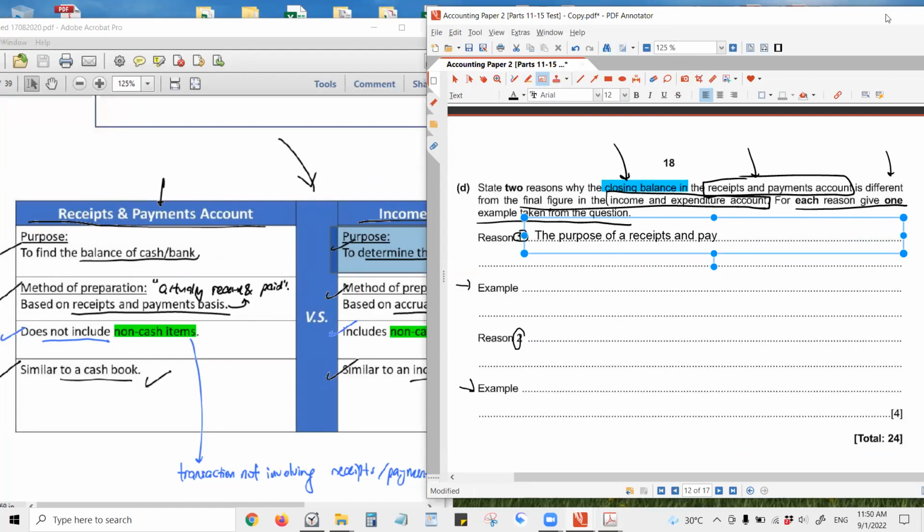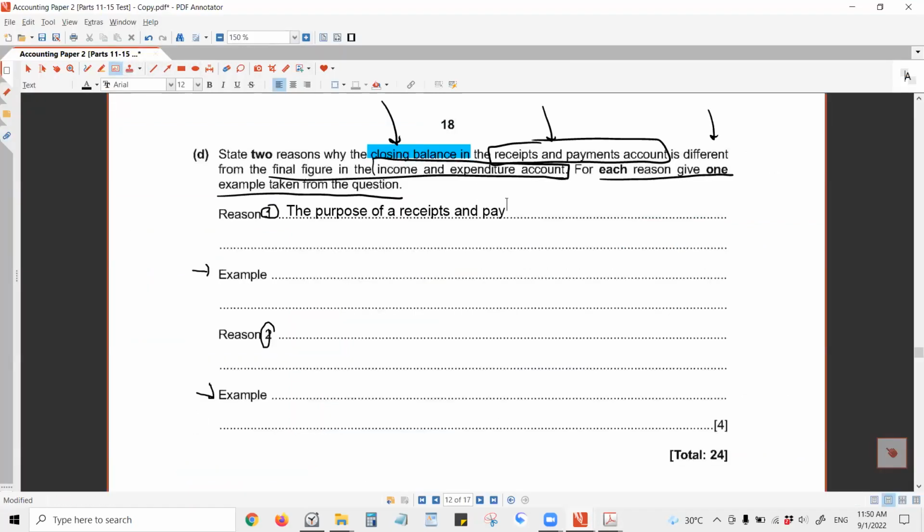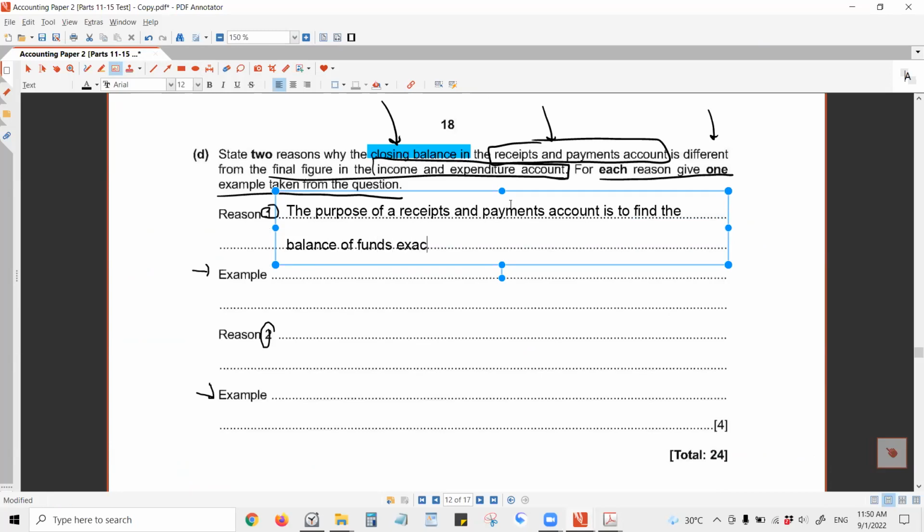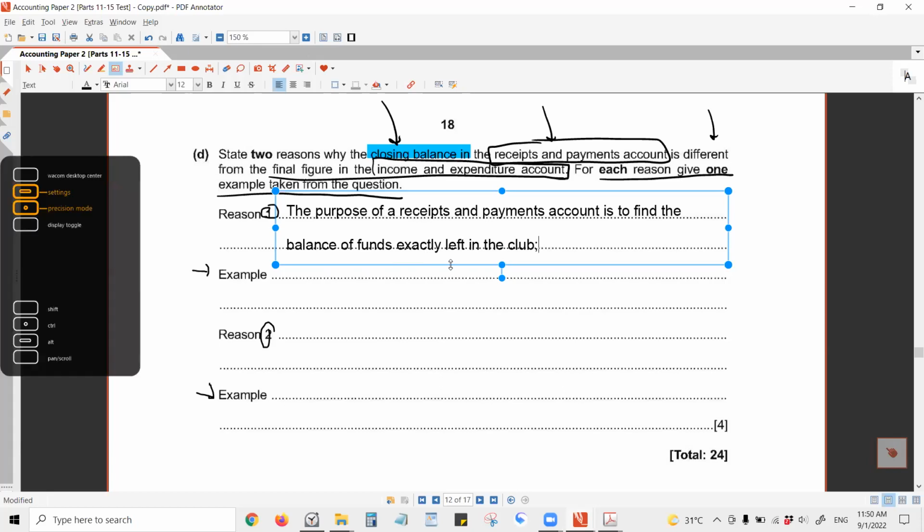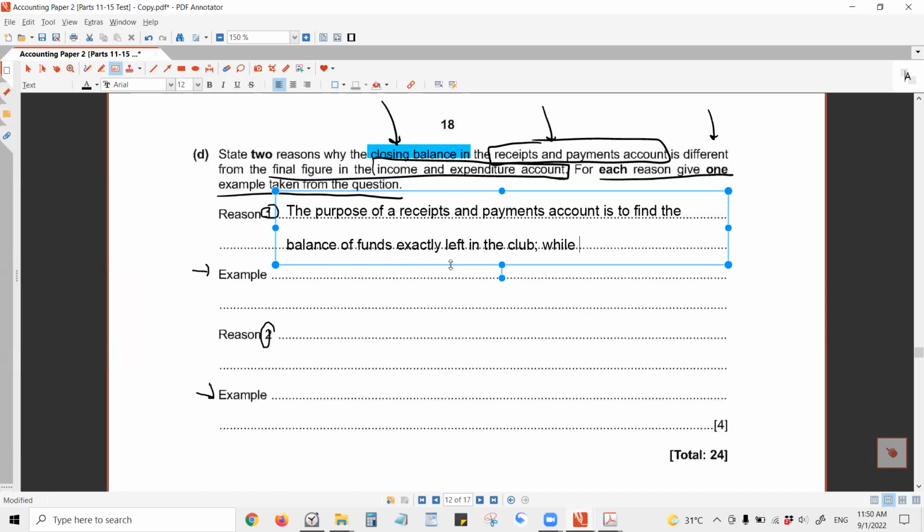Let me zoom in further. Yeah, I know there's a lot to write here, right?